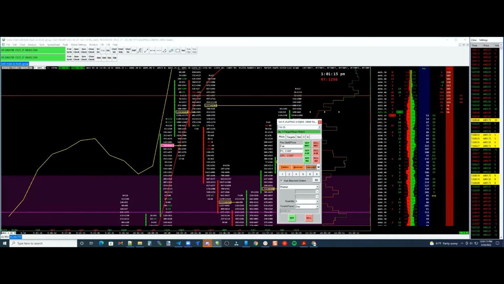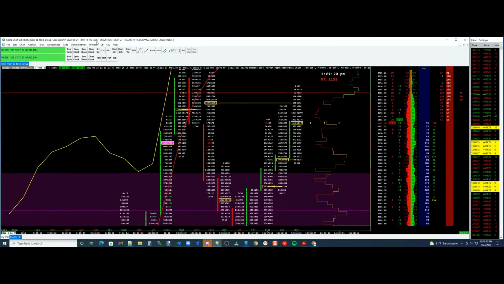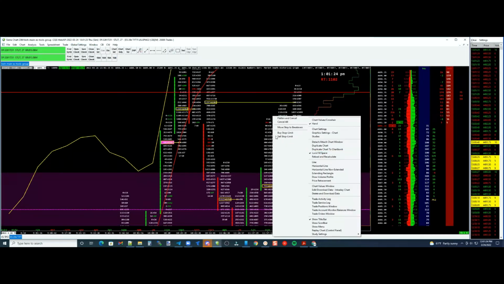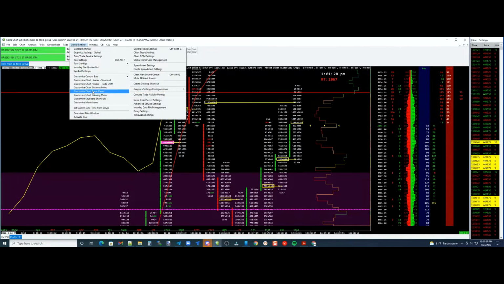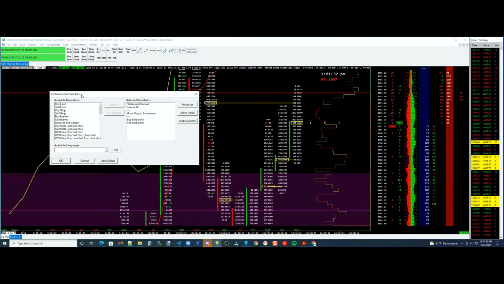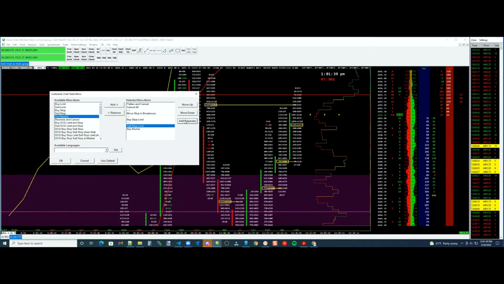So yes, you can right click. And like I said, when you right click, whatever is in this menu right here is available to customize under global settings, customize chart trade menu. Pick whatever you want, buy market, put it over here, add a separator.